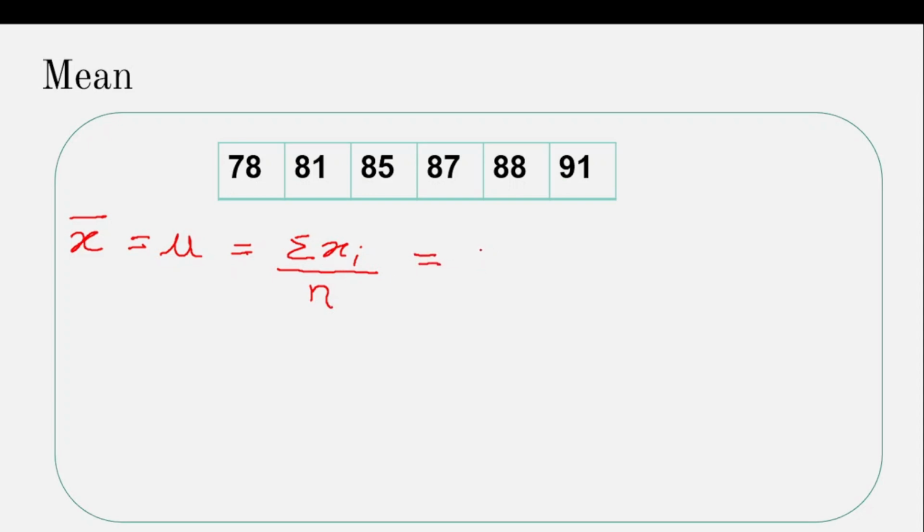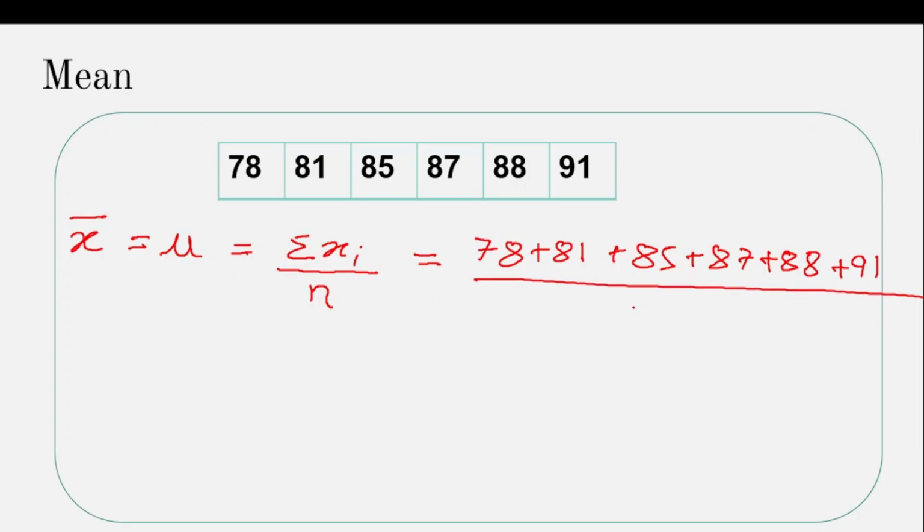On calculating, the sum of data points will be 78 plus 81 plus 85 plus 87 plus 88 plus 91, divided by the number of data points, which is equal to 6 in this case. I'll get 510 divided by 6, which is equal to 85. So this will be my mean, which is very simple to calculate.